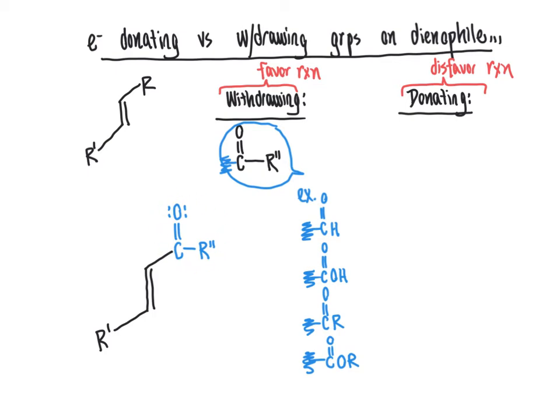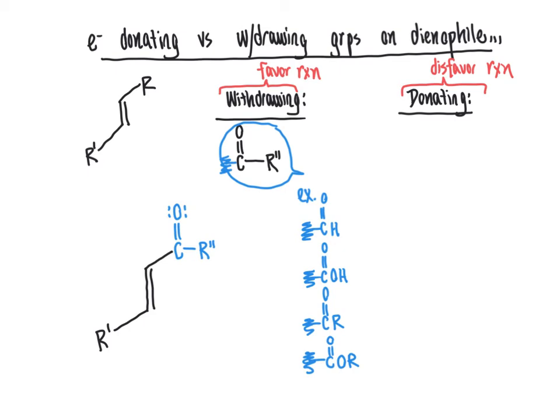The ways that we can illustrate this group is electron withdrawing is groups will be electron withdrawing if they're pulling electron density away from the alkene and toward themselves. There are two ways that this group pulls electron density away from the rest of the molecule and toward itself. Number one, first and foremost, the most important factor in evaluating whether a group is electron withdrawing or electron donating is resonance.